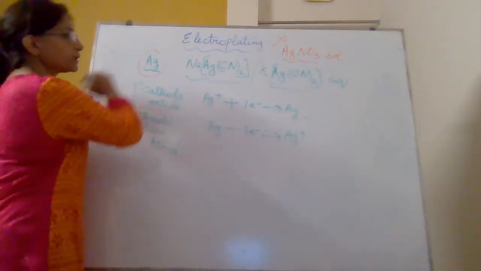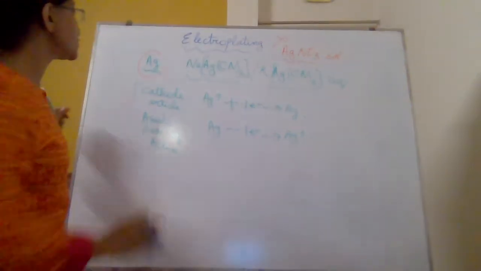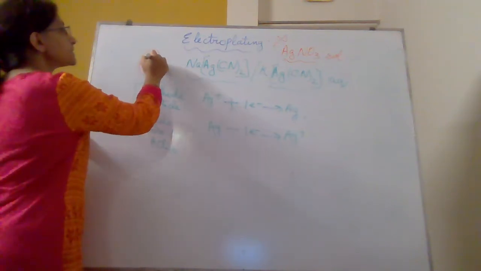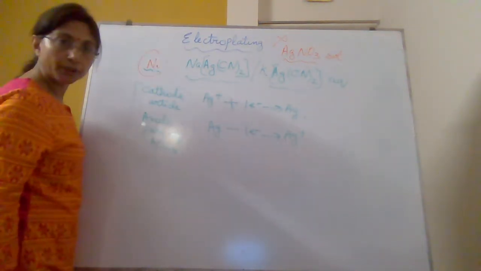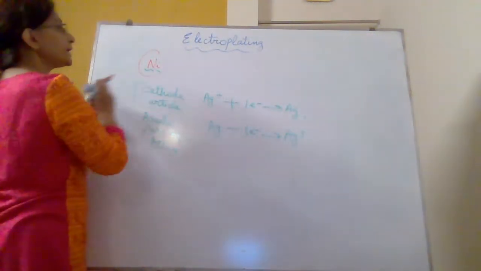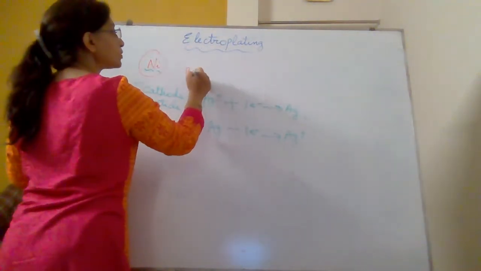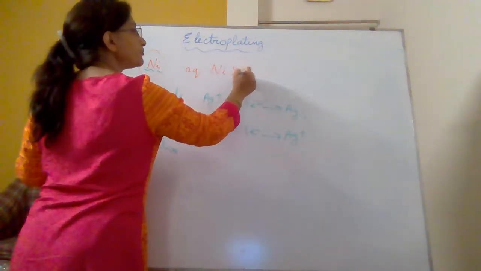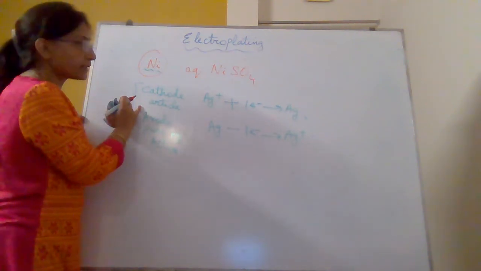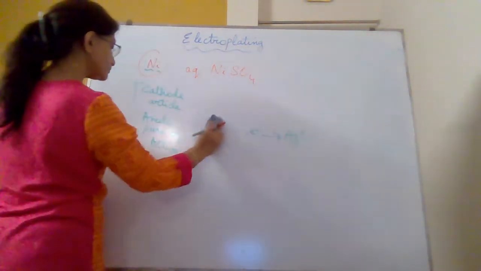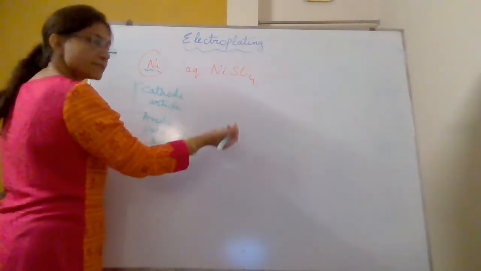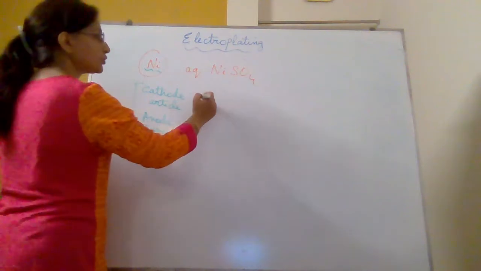So this is regarding the silver. Now let us change it to nickel. If instead of silver, nickel is to be used for electroplating, then the electrolyte that we are using here is aqueous nickel sulfate, and obviously the article is going to be at the cathode, and here the cathode reaction is going to be the same, that is, cations to the cathode.